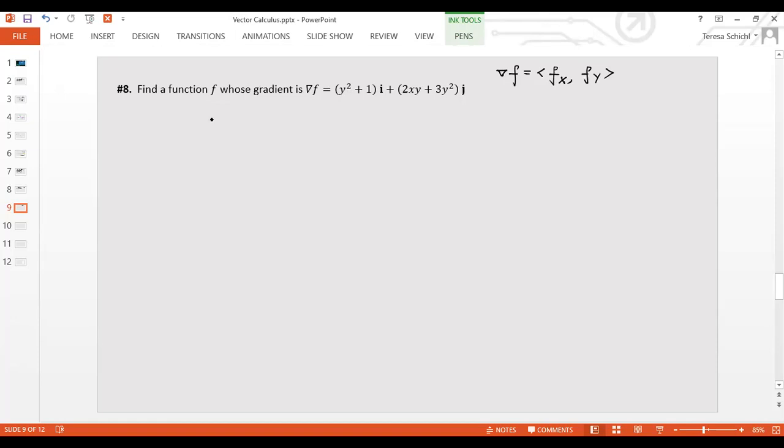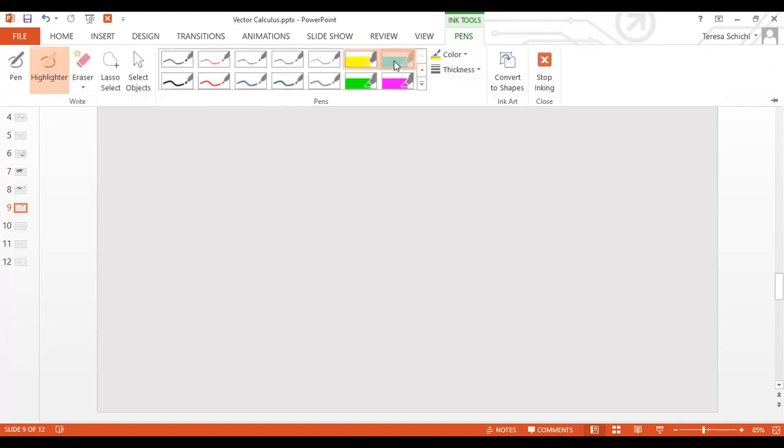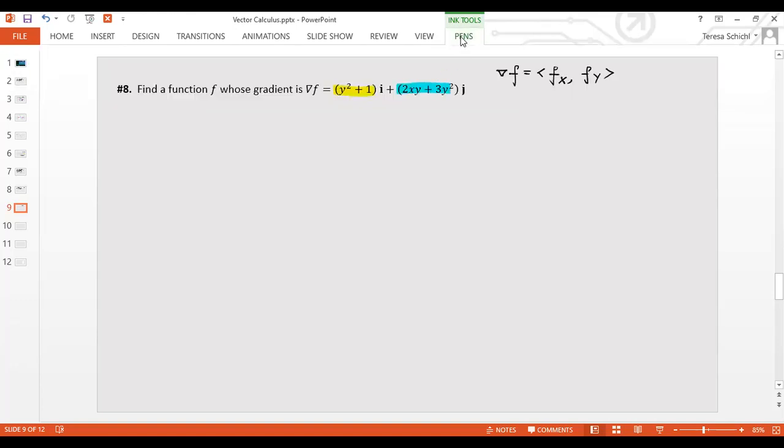Let's highlight this one and this one. This is my P(x,y) function, and this is my Q(x,y) function.